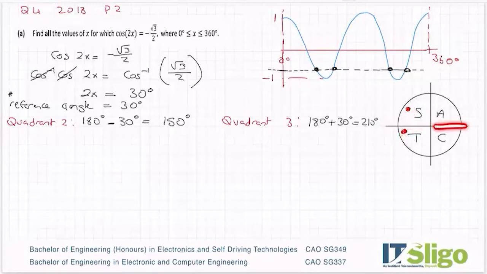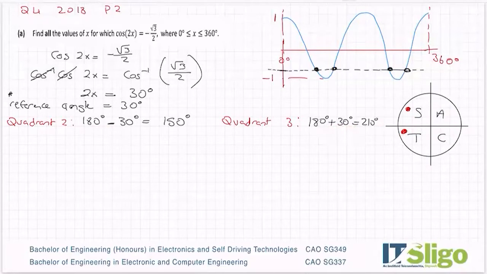If you're at this side, it's 0 degrees plus, or it's 360 degrees minus. So it's never with respect to the y-axis, okay? It's always with respect to x. So that's why it's minus the reference angle for quadrant 2, plus for quadrant 3, and it's always to 180.